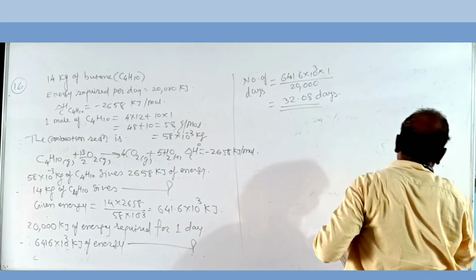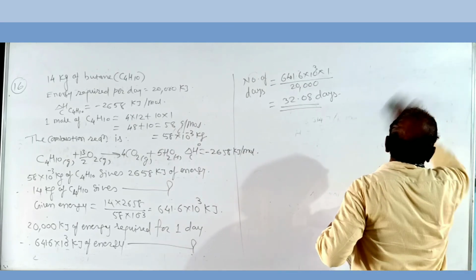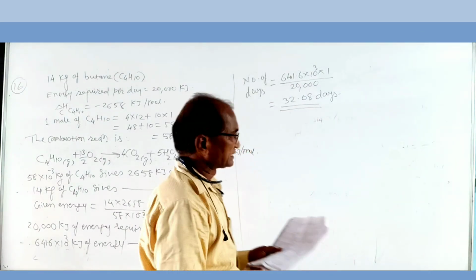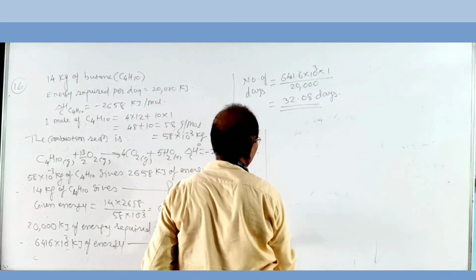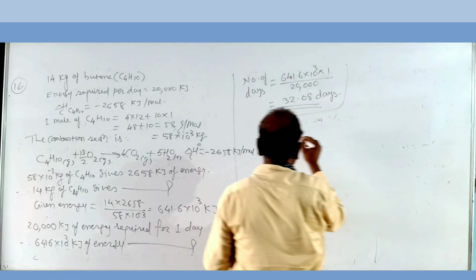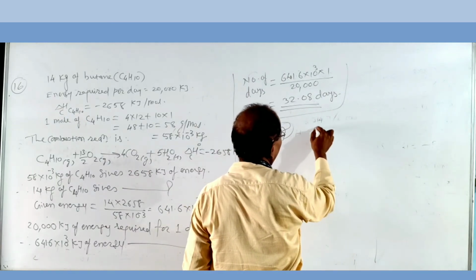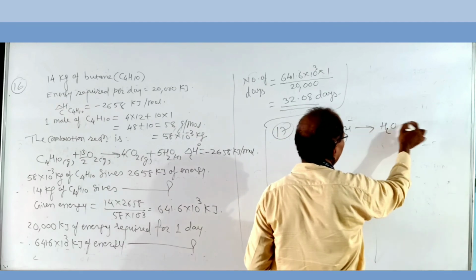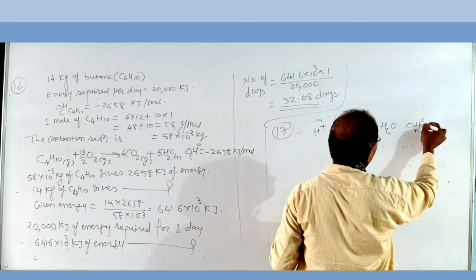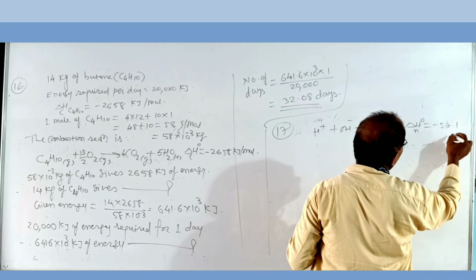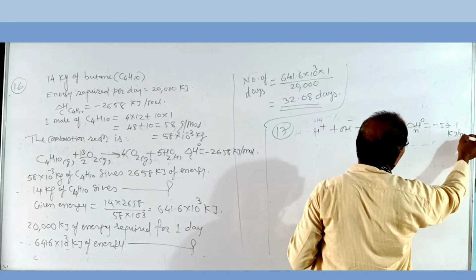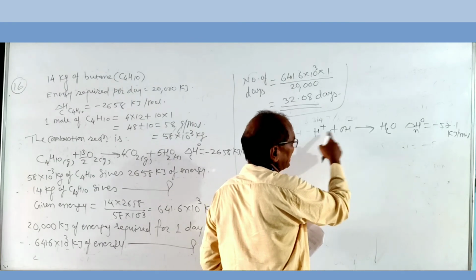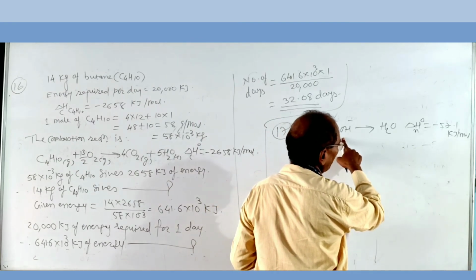Neutralization is defined as gram equivalent of an acid neutralized by gram equivalent of a base. H plus plus OH minus gives H2O, delta HN0 is equal to minus 57.1 kilojoule per mole. Here, 1 mole of acid neutralizes 1 mole of base.